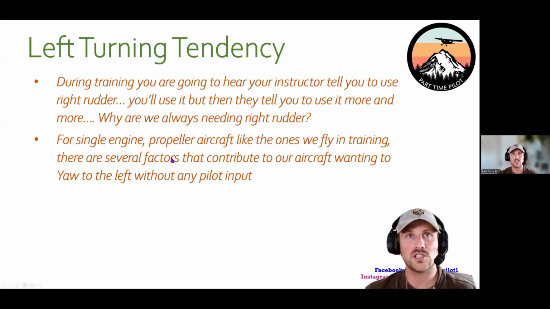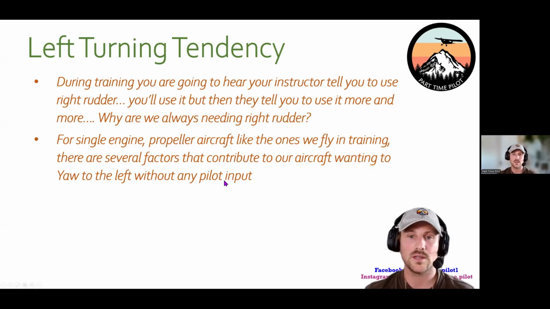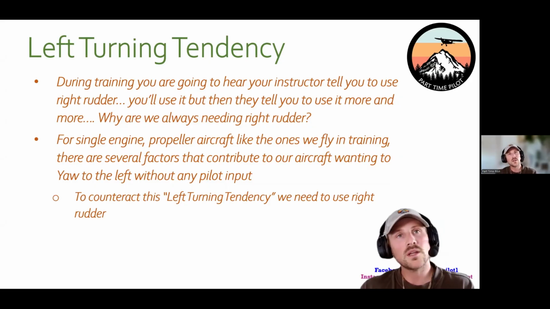But for single engine propeller aircraft, like the ones we fly in training, Cessnas, Cherokees, there are several factors that contribute to our aircraft wanting to yaw and roll to the left without any pilot input. To counteract this left turning tendency, we have to use right rudder. So that's why they're always saying use right rudder.